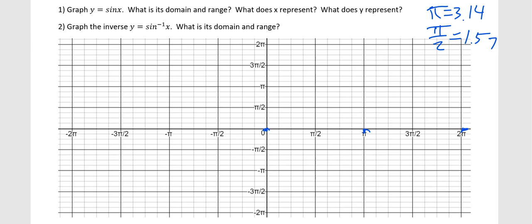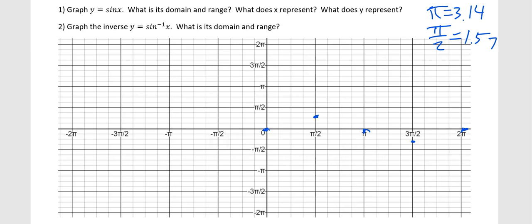The amplitude's 1. But if pi over 2 is 1.57, that puts my maximum value somewhere in the neighborhood of that. Likewise, to find the last point, I'm going to be guessing right in there.